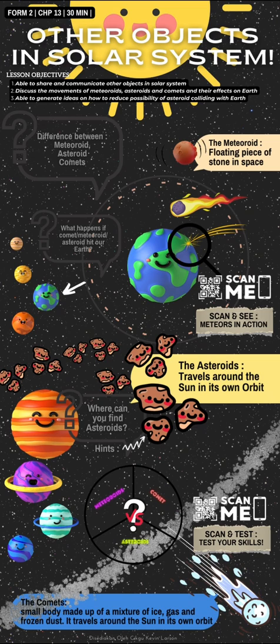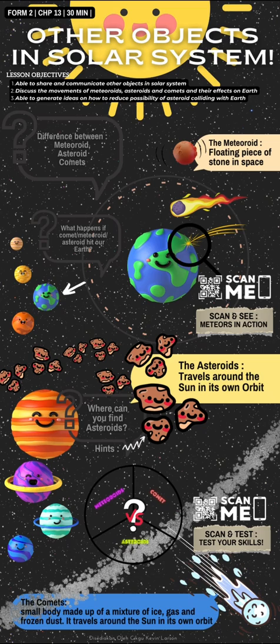It can be as small as the lid of your pencil. Another object in the solar system we can find is the asteroids. The asteroids travel around the sun in their own orbit, meaning the asteroids have their own orbit.